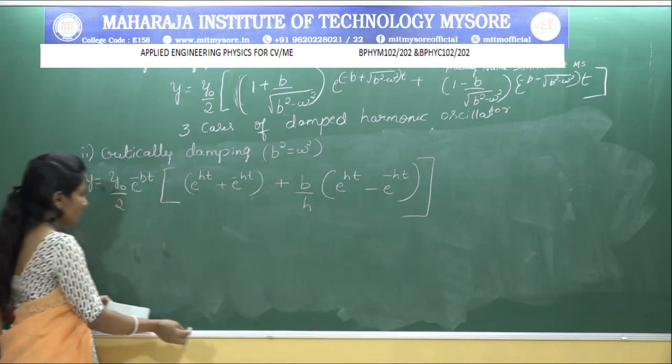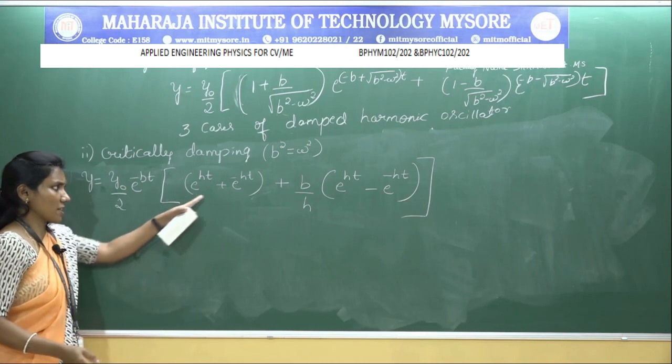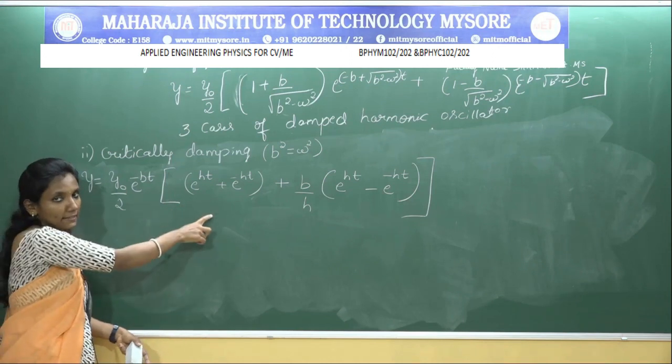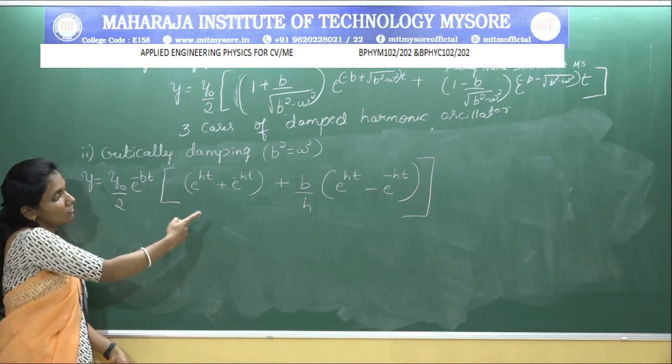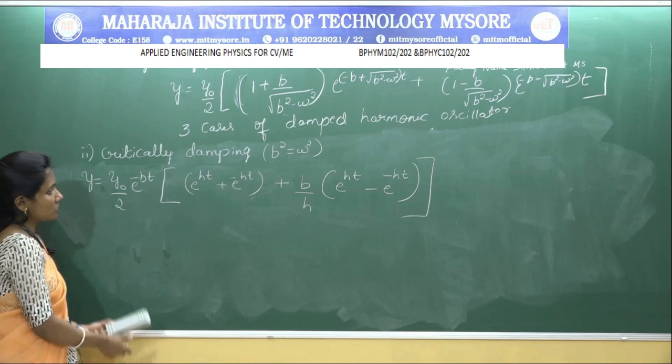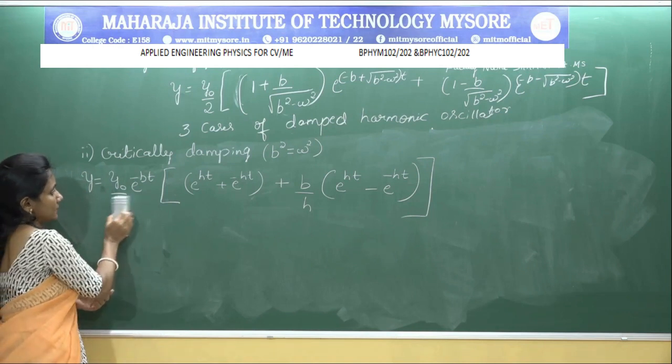Here this is in terms of exponentials. So if we take this 2 inside, we get the formula in terms of cos and sine.